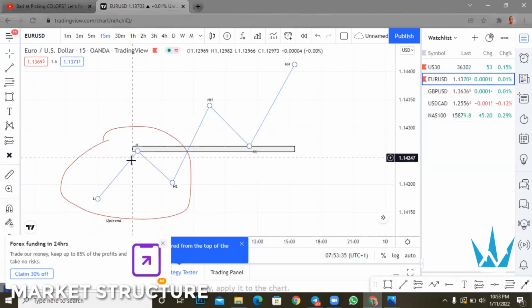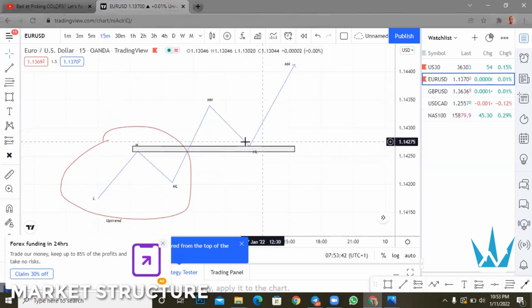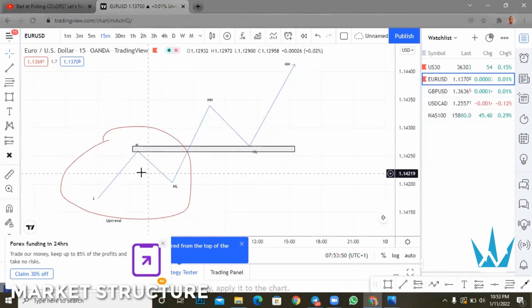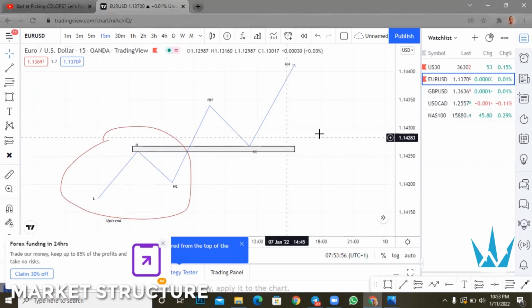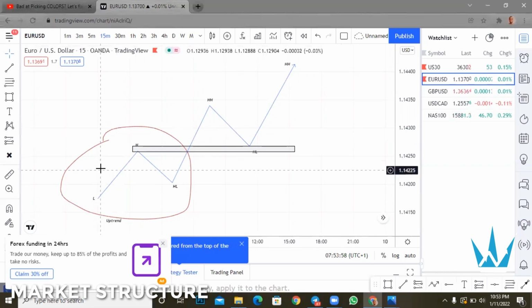So let's say this is a resistance that was broken and price is coming to retest it. We cannot call it resistance anymore, we call it support. So resistance turns support. As price broke it and returned to it, we understand that this is an uptrend prevailing.